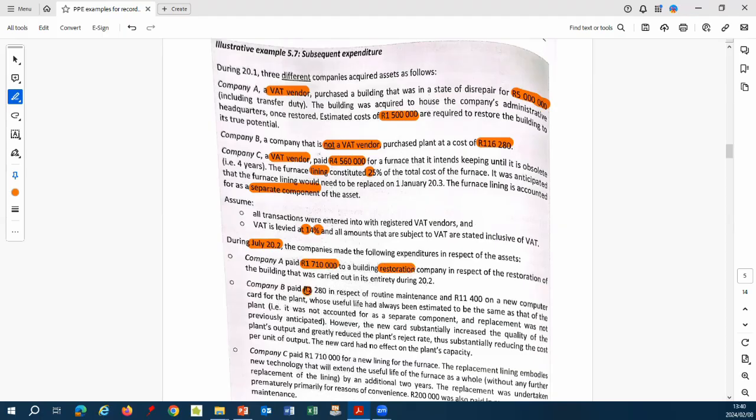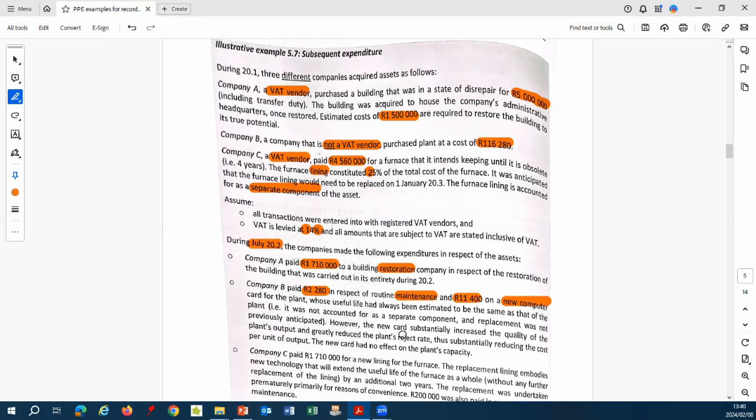Company B paid 2,280 with respect to maintenance on their plant, and 11,400 on a new computer card, and that is estimated to have the same useful life as the plant, and so therefore they have not accounted for it as a separate component, and they did not previously anticipate having to replace it.